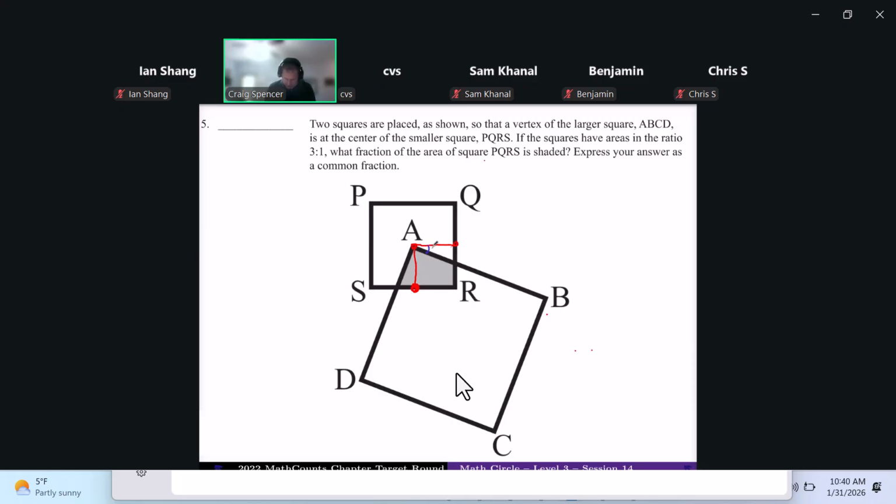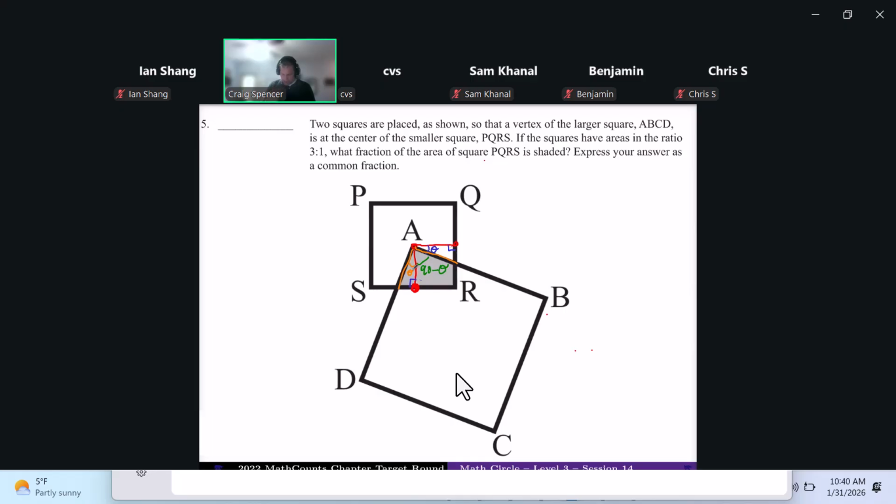If I say this angle is theta, note these are right triangles, so that would mean this angle here is 90 minus theta. But this other angle, looking at the square, is a 90-degree angle as well, so that forces this one here to be theta.